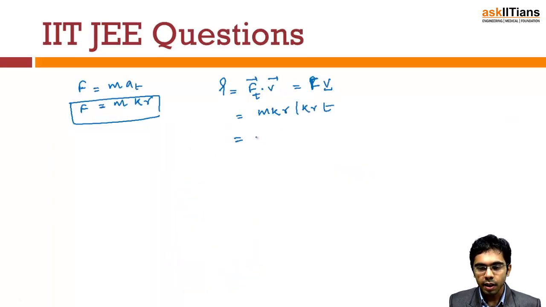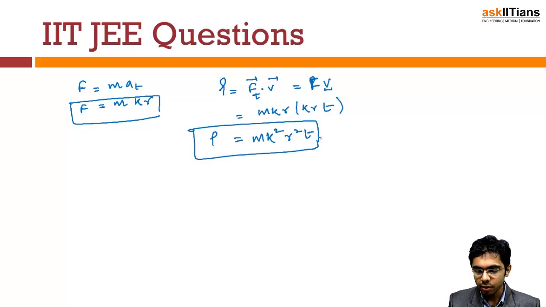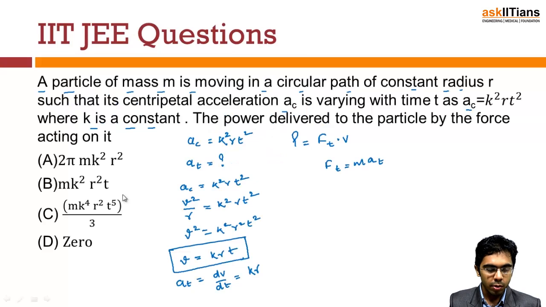Therefore we can write this as m k square r square t, and this is the power delivered. This will be the answer. Let's look at the options. According to the options, B should be correct.